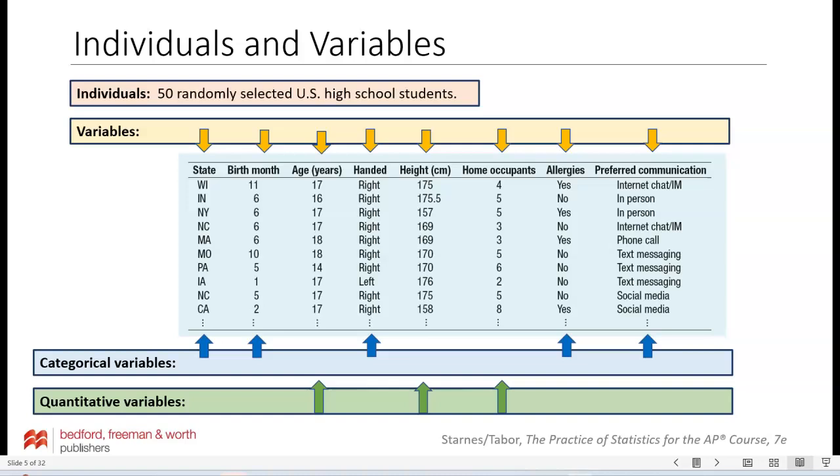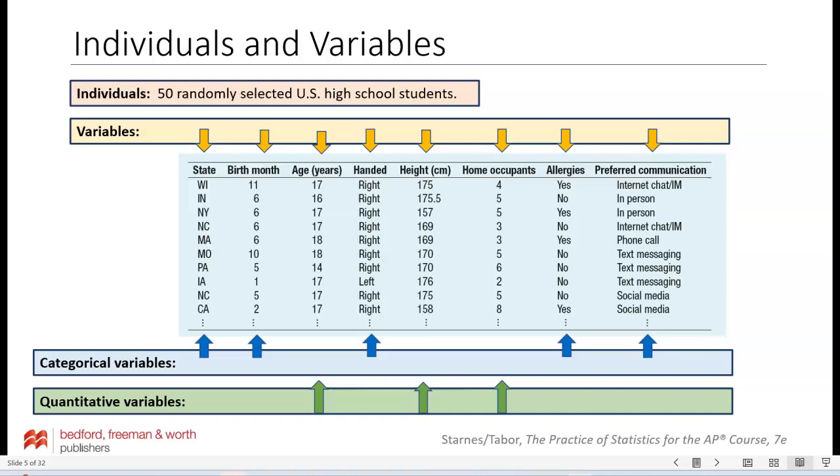Some of those are categorical variables. All the words in this case, but you have to be careful with that. Sometimes the words could be quantitative and sometimes the numbers could be categorical, but generally speaking, words are categorizing. So in the case of categorical, birth month is really a categorical variable there.